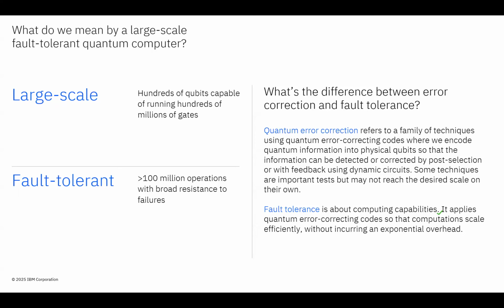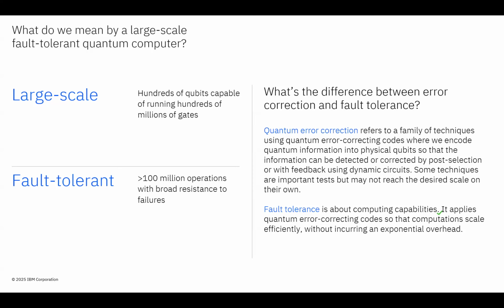So first one is, of course, the quantum error correction techniques, multiple different techniques. Some of them will be code correction. Sometimes it will be the correcting of the physical qubits. Some techniques will be important to reach the desired scale on their own.